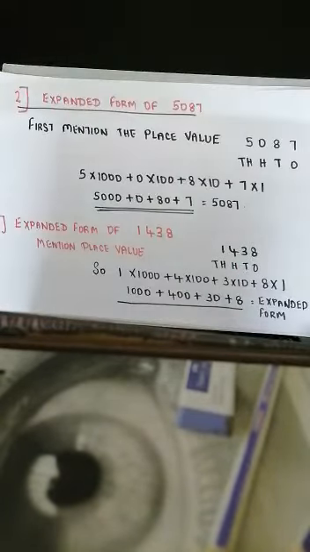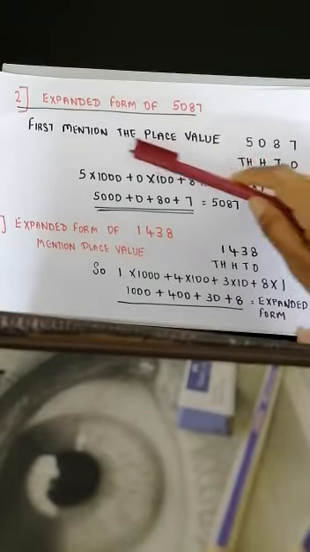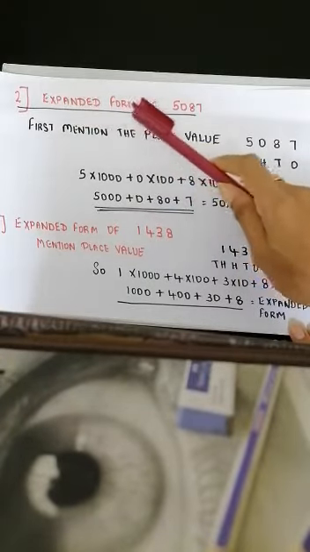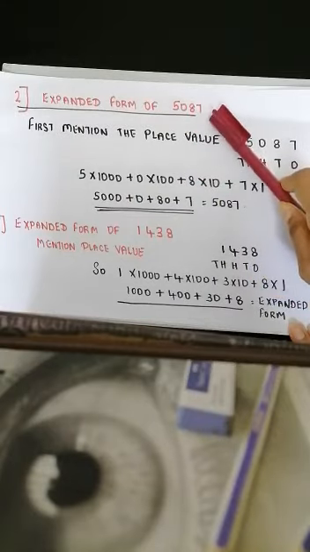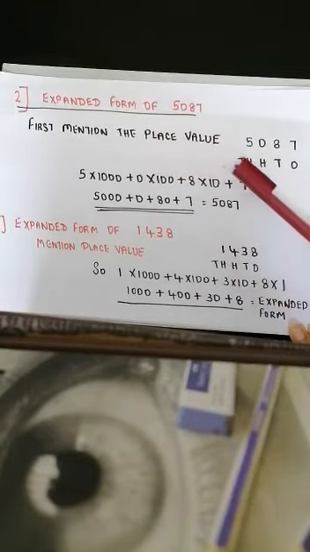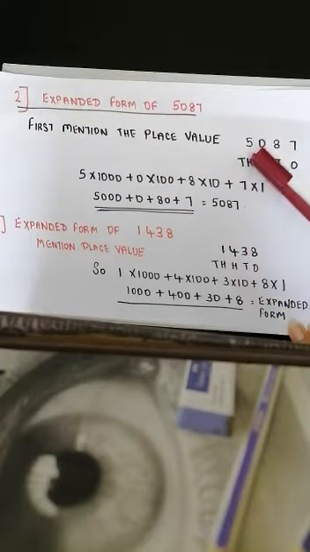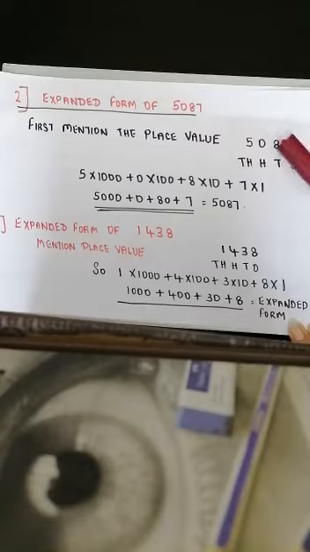Like that, we will take another example. The expanded form of 5087. First mention the place value. 7 is in ones place, 8 is in tens place, 0 is in hundreds place, 5 is in thousands place.